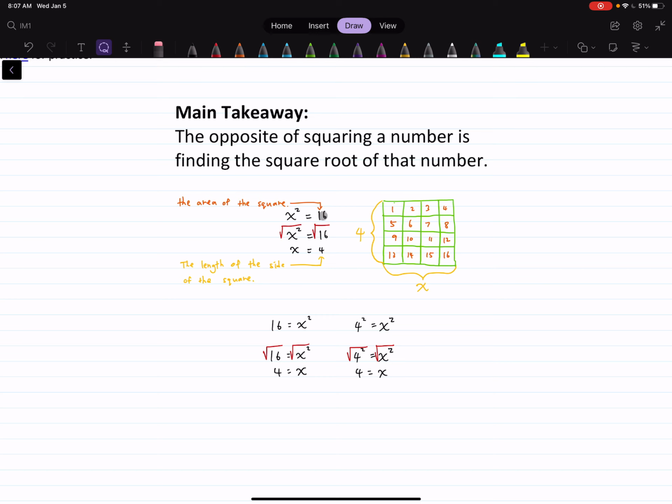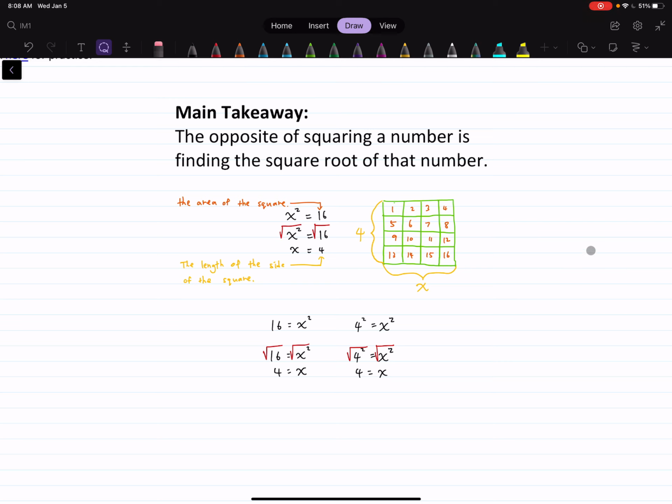Once again, let me say that one more time. What is the length or the side of the square for which the area is 16? What is the length of that square? Because this x right here, x times x is x squared.